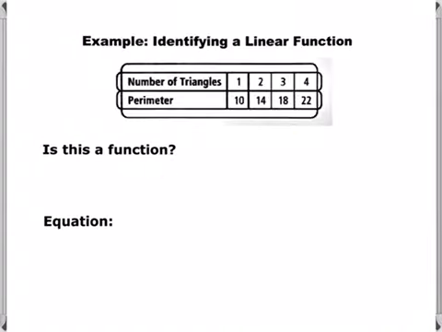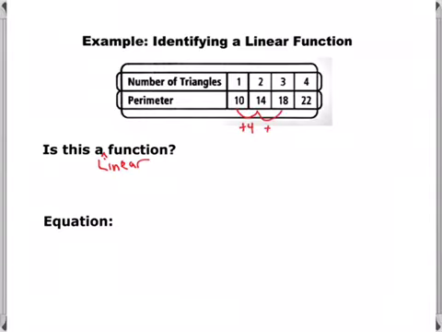Next problem. We are given a table talking about the number of triangles to perimeter, and they ask us, is this a function? Well, I can tell you it is, so I want to focus more solely on whether or not it's a linear function. So we have to look at our output, in this case perimeter, to see if there's a pattern. Well, from 10 to 14, they're adding 4.